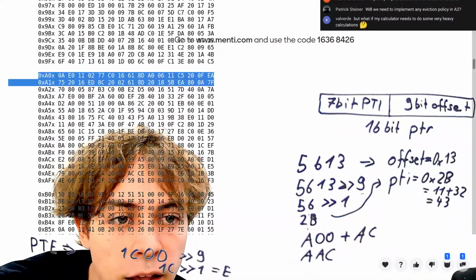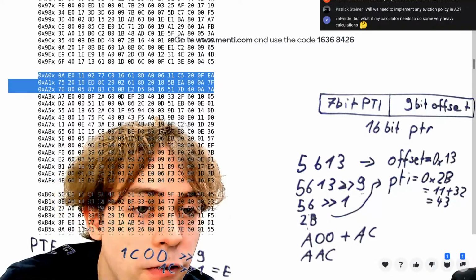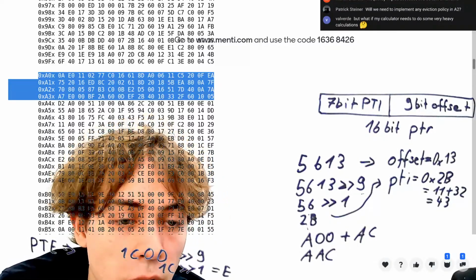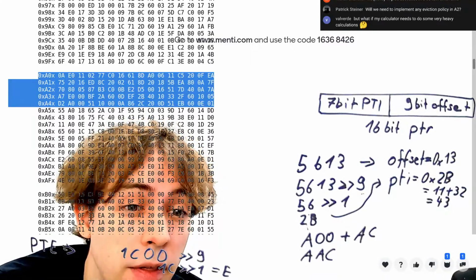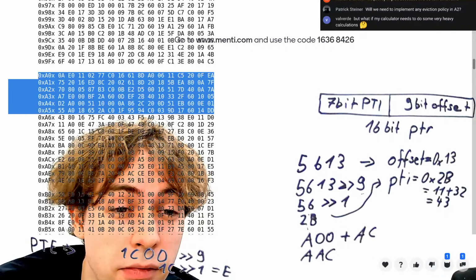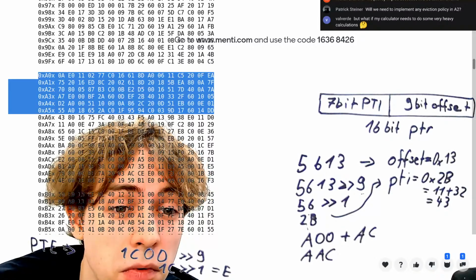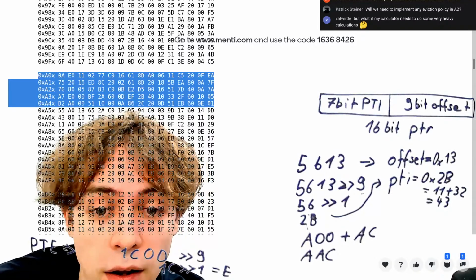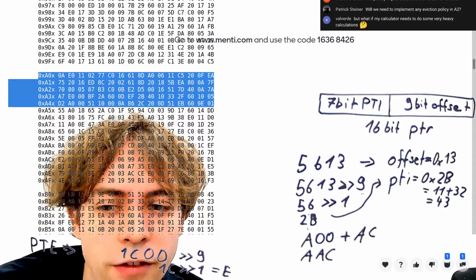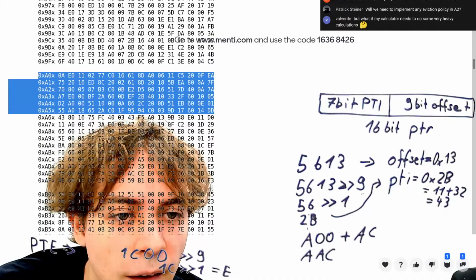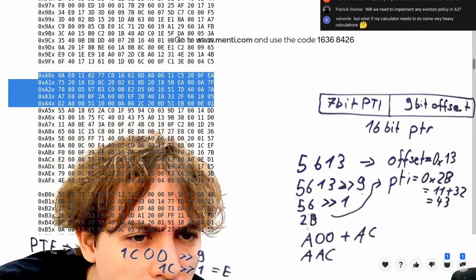So it's 16, 32, 48, 64. Then we have 80, then we have 100 and now it gets complicated. 64, then we have 80, then we have 96. Am I off by one now?